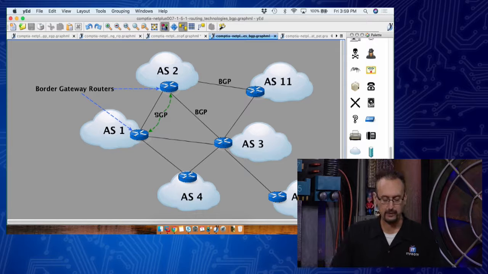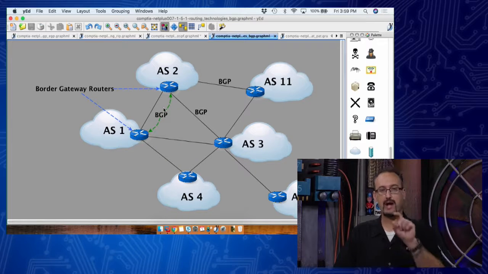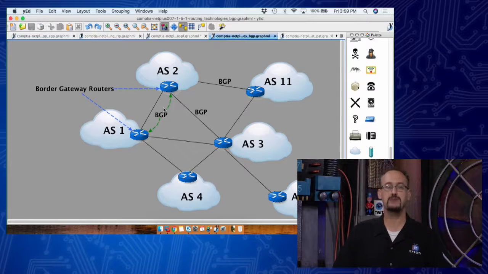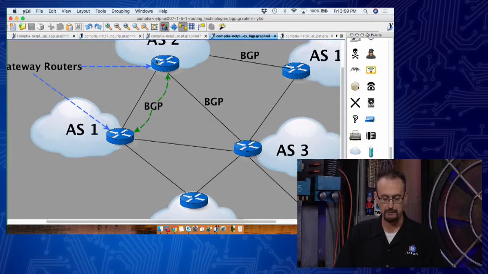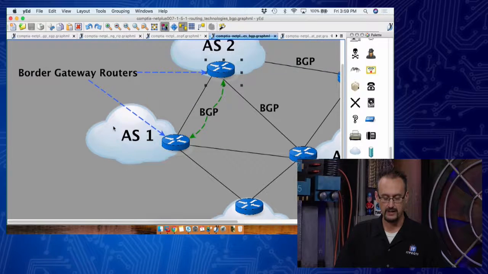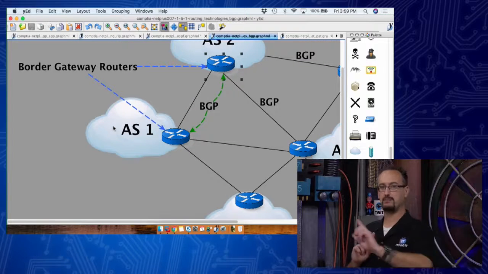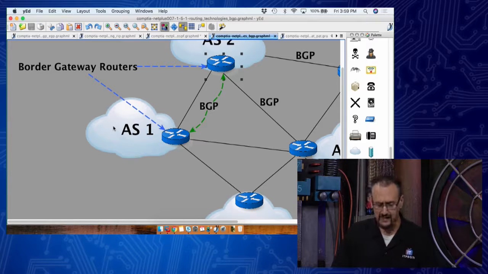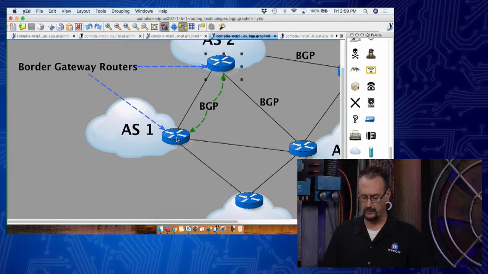Path vector protocol, or Border Gateway Protocol, is what your ISPs use to communicate across the backbone of the internet between these autonomous systems through the border gateway routers. These routers communicate amongst each other and share routing topologies with the Border Gateway Protocol.